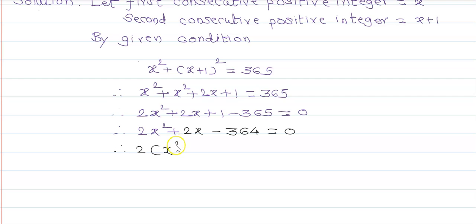Then in bracket x square plus x minus 182, that's equal to 0. Therefore, x square plus x minus 182 is equal to 0.